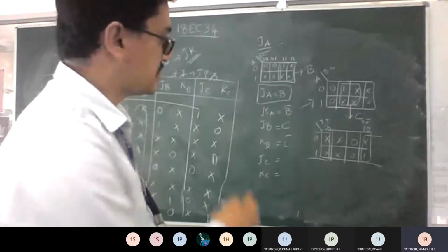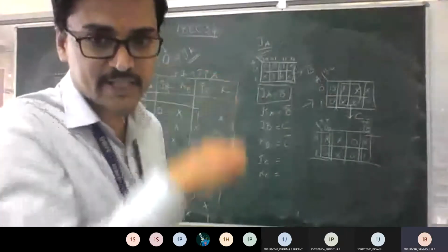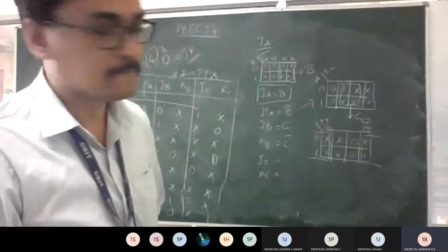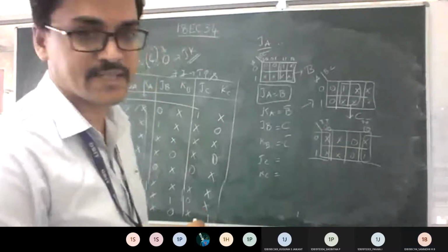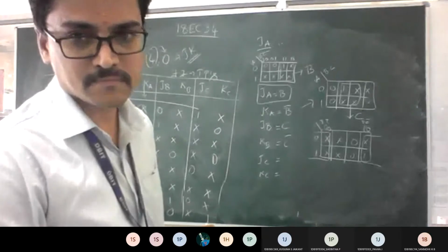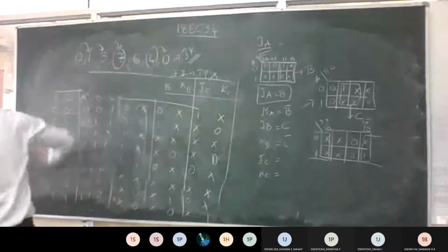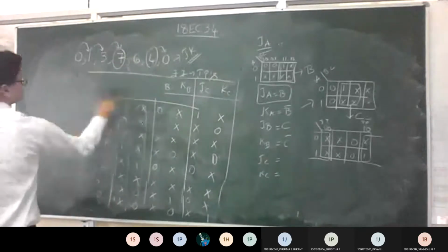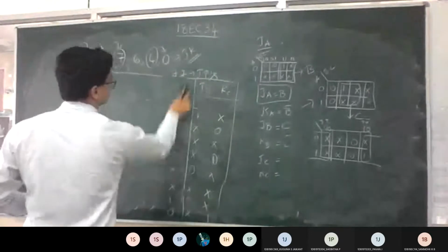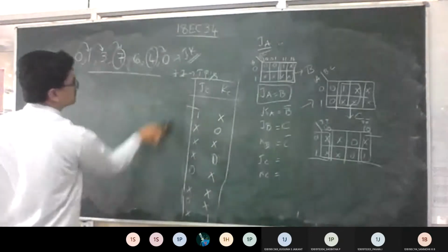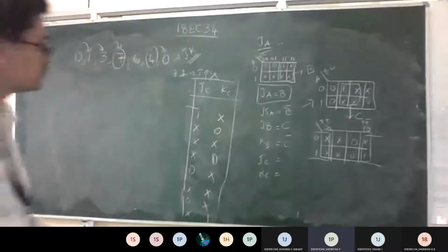Yes, sir. That's why I told you to be careful while plotting the K-map. You verify for a few seconds, not an issue. Don't proceed blindly. So everyone got C bar. Same way calculate for JC and KC. Check out the answer for JC and KC. Sir, JC is A bar.